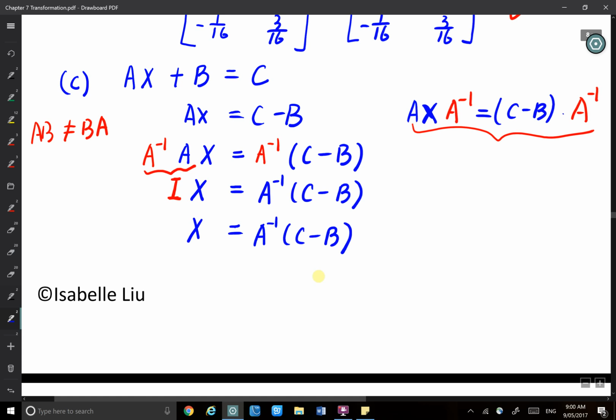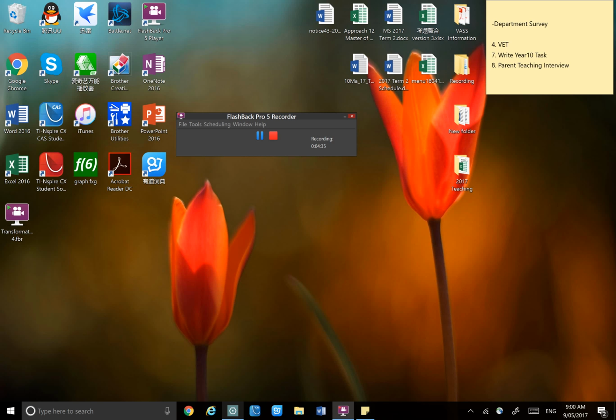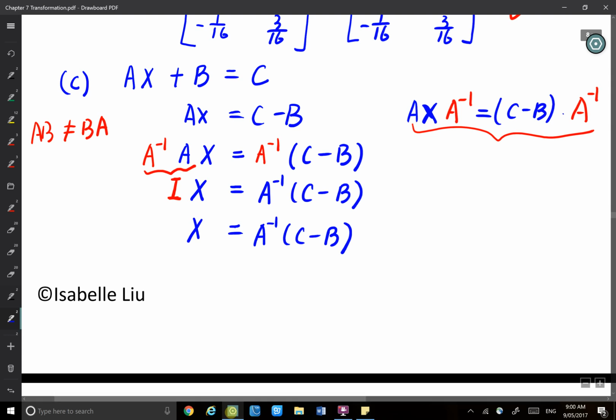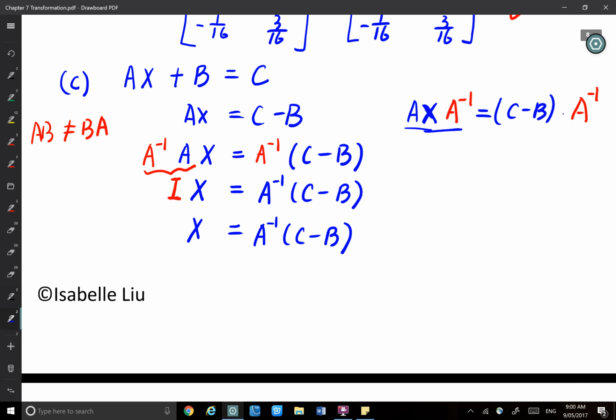Let's say we multiply A inverse at the back. What will happen? A times X, I don't know how large that is. X times A inverse, I don't know how large that is. So I can't put A and A inverse together.